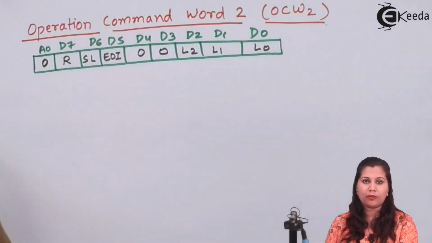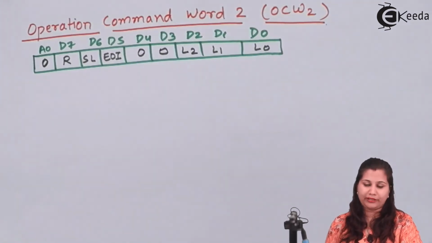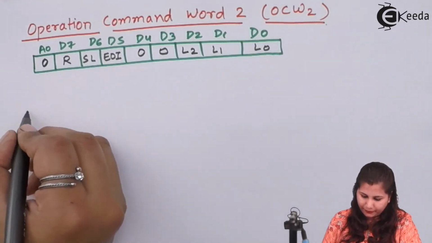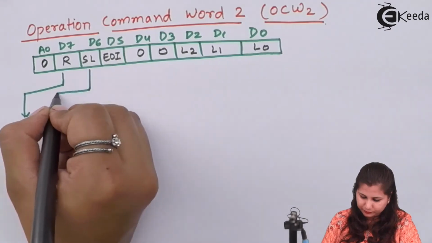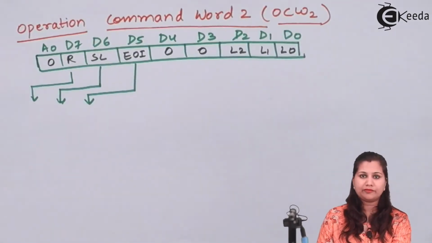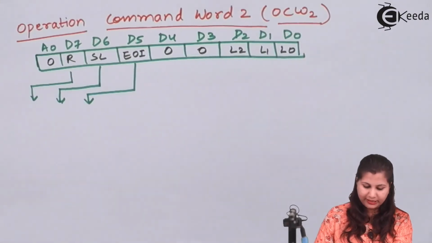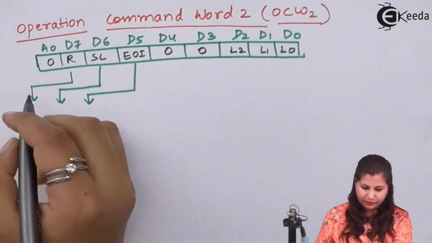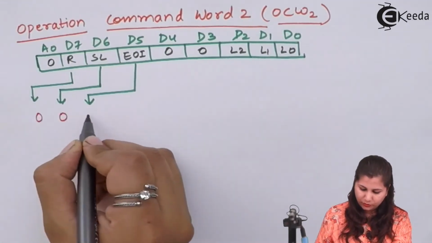The R, SL and EOI combinations specify the various modes of the 8259. These 3 bits can have different combinations, so let's see what functions these combinations describe. First we will have 0, 0, 1.